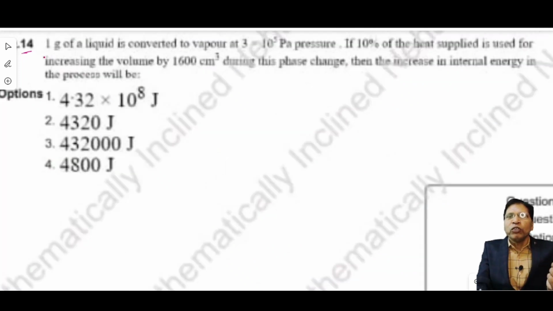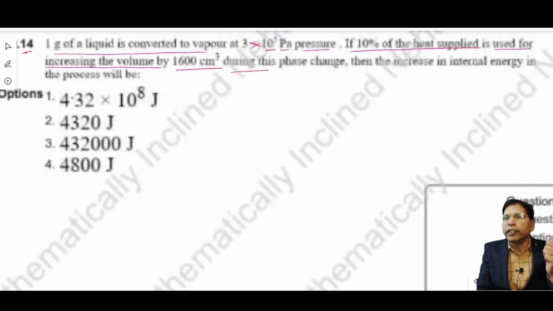Understood? Now question number 14. 1 gram of liquid is converted to vapor at 3 into 10 to the power 5 Pascal pressure. If 10% of heat supplied is used to increase the volume by 1600 cc during this phase change, then the increase in internal energy?